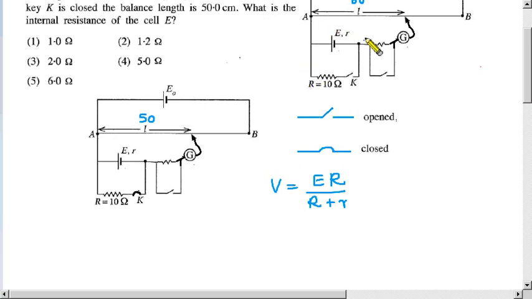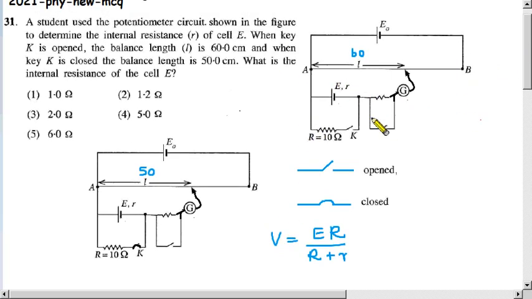So when we go to the potentiometer principle, if k is the potentiometer constant, that means the drop of voltage per unit length, then we can write here E equals k times 60.